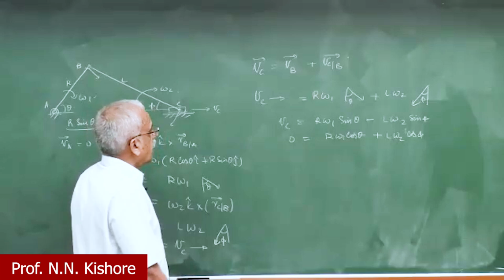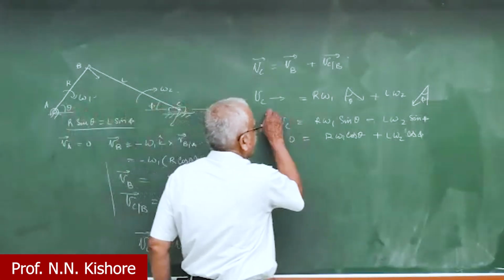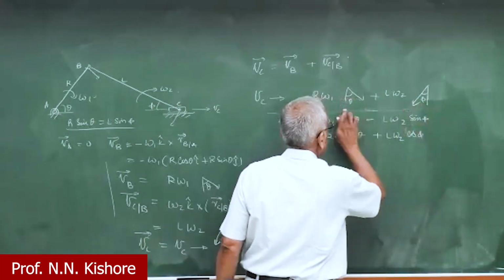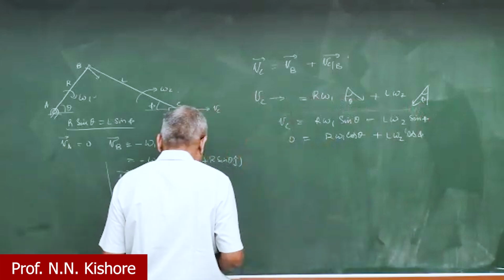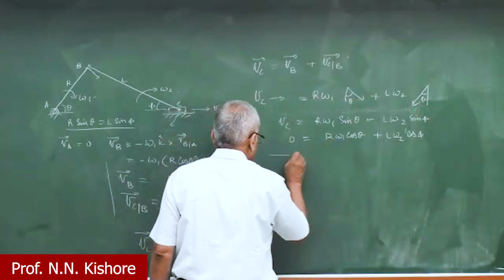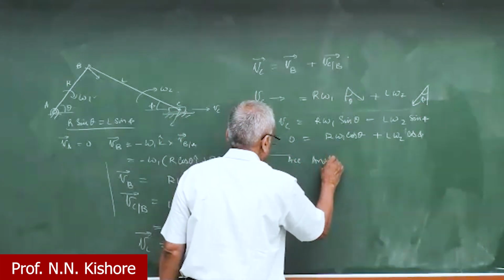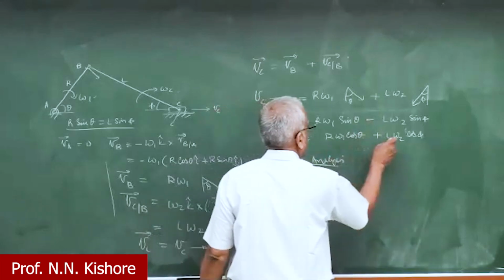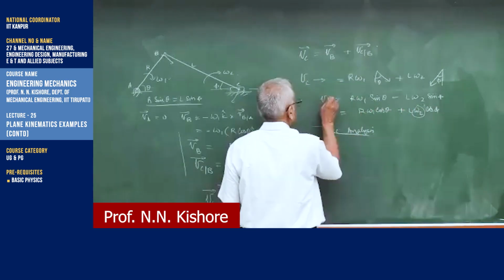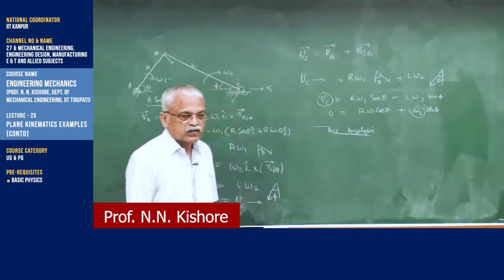Interestingly, we can, okay, I'll come to that, maybe I'll come to it later. Let me finish up the acceleration analysis. You can solve for omega 2 and the velocity of C. So two equations, two unknowns, you can solve.